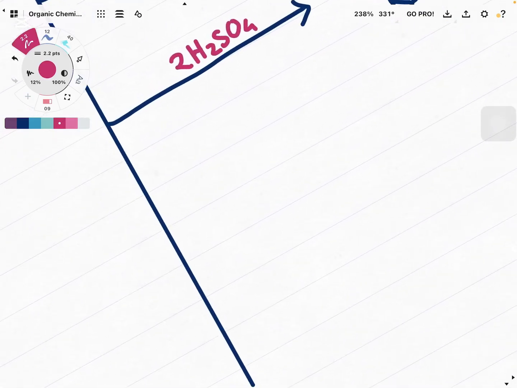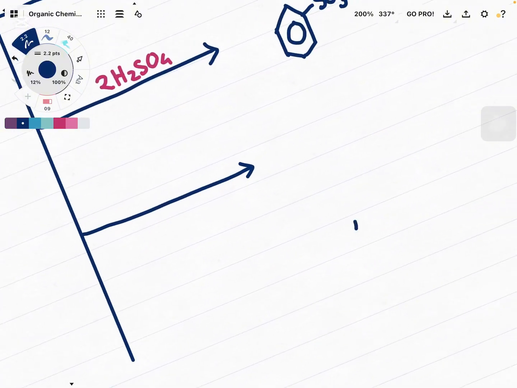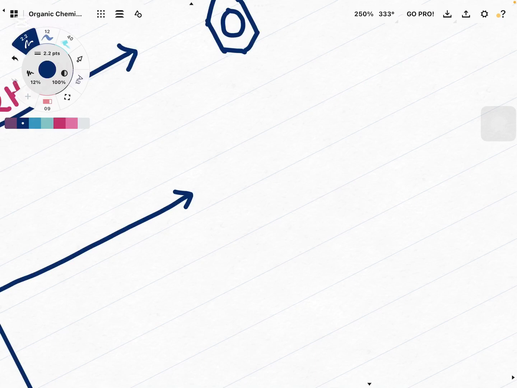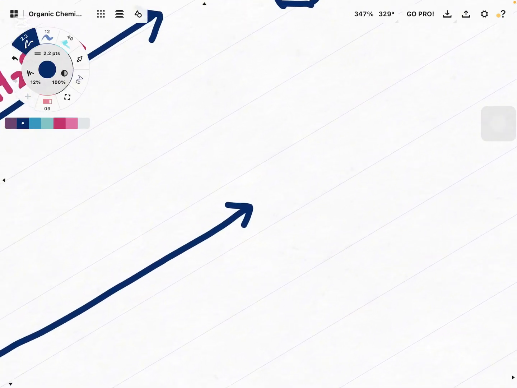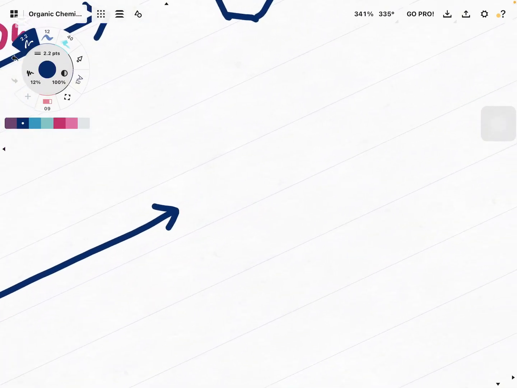And the next one is making nitrobenzene.